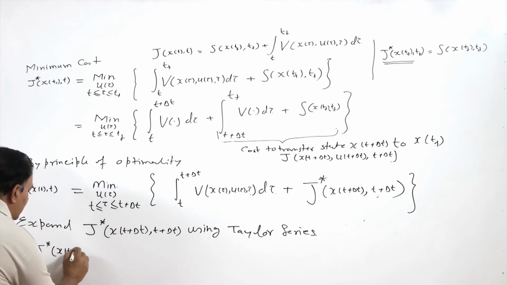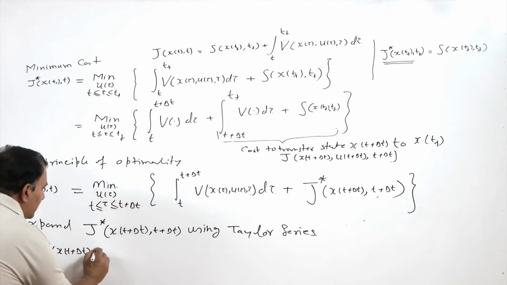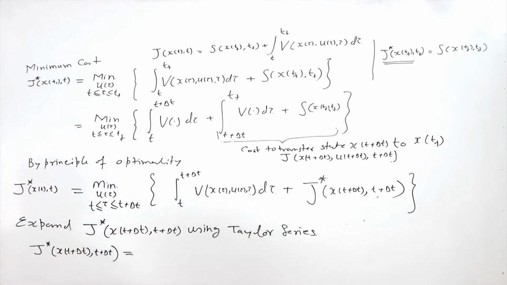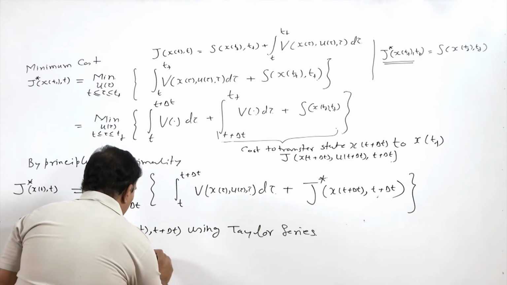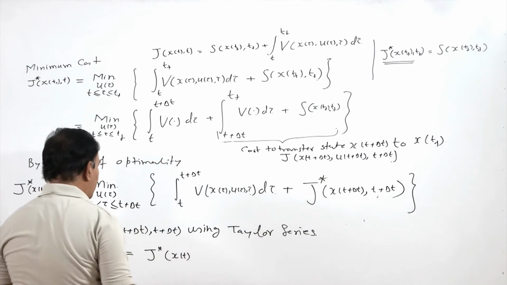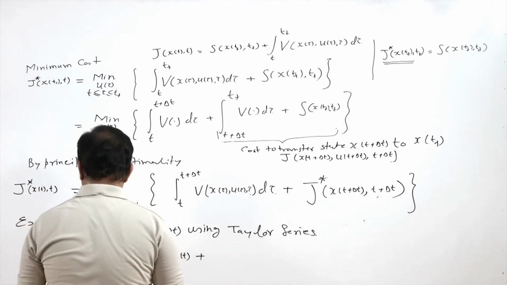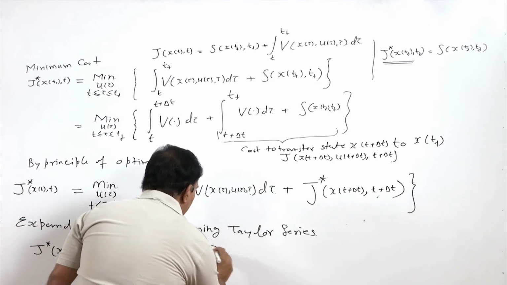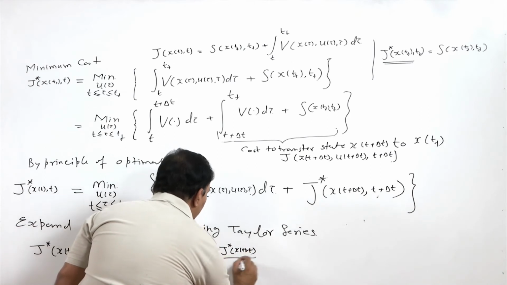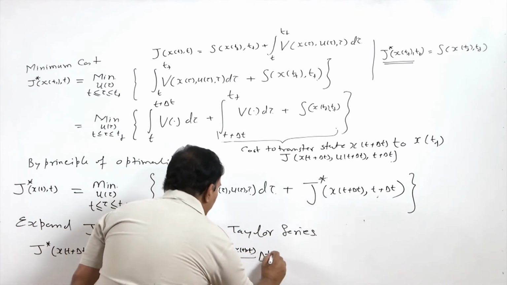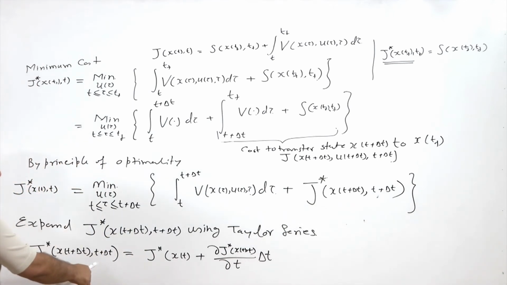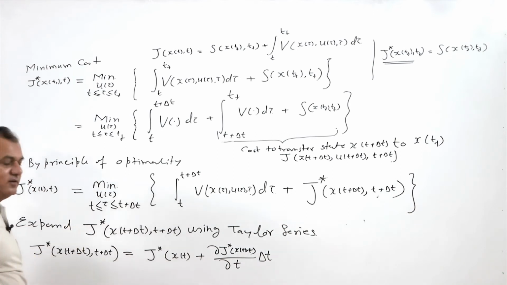J star of x(t), t, plus ∂J star(x(t), t) by ∂t times Δt, because now I have the variation in t, which is varying from t to t plus Δt.